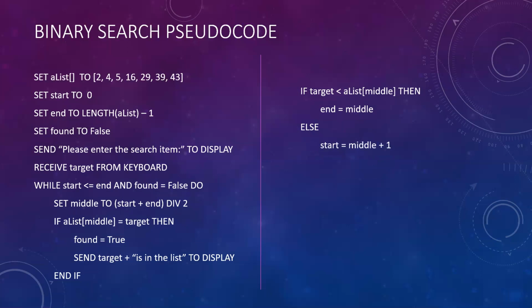Suppose our target item is 61 and we have here 31, so this is too low, we have to go to the right side. So if it is not less, then it will set start equal to middle plus 1.